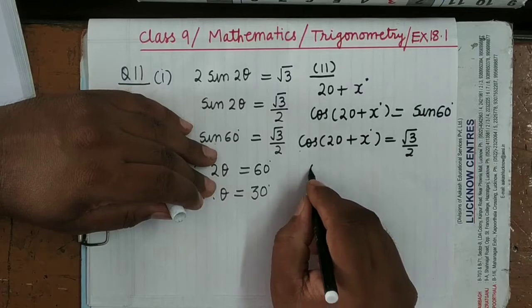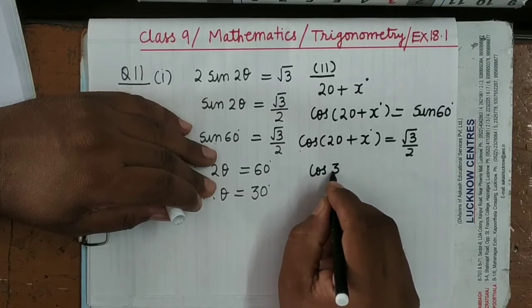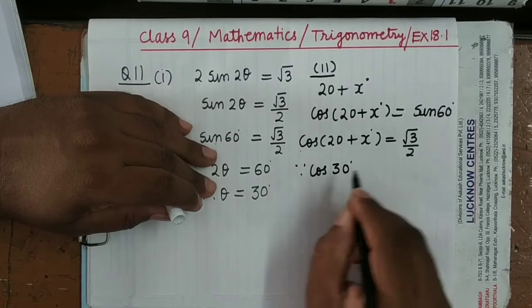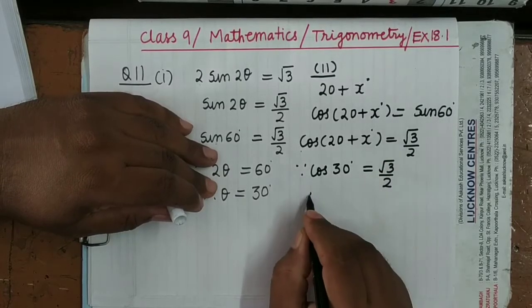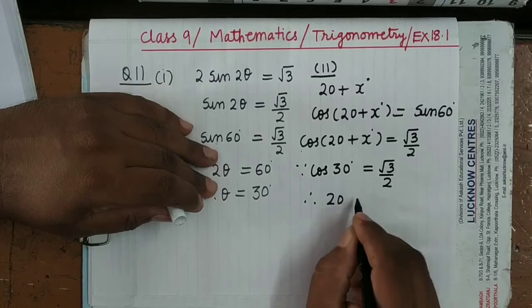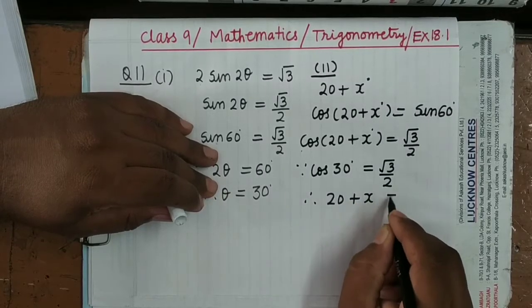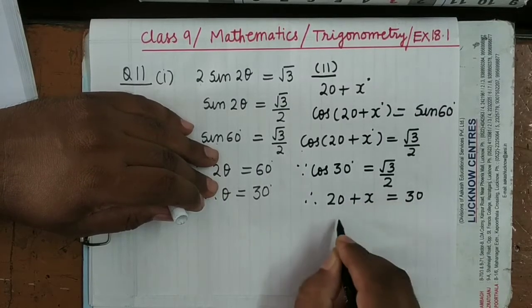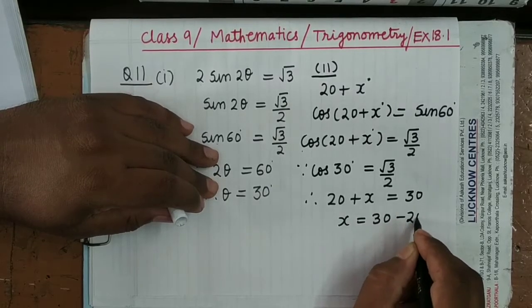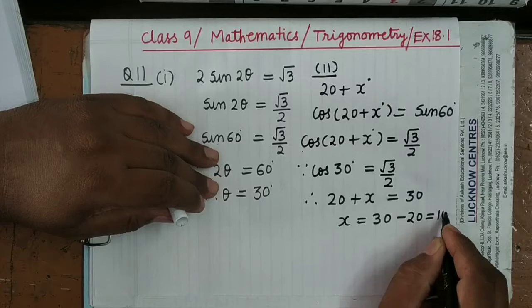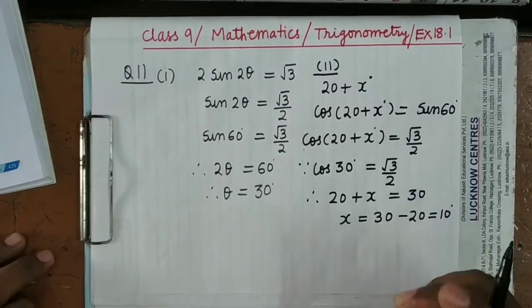So it is cos 30 degree. Since cos 30 degree equals root 3 upon 2, therefore 20 plus x equals how much? It is 30. So x equals 30 minus 20, that is equal to 10 degree. X will be equal to 10 degree.